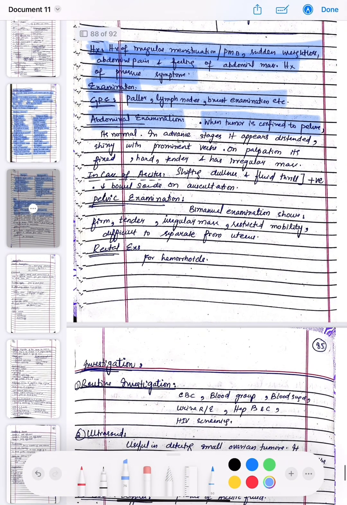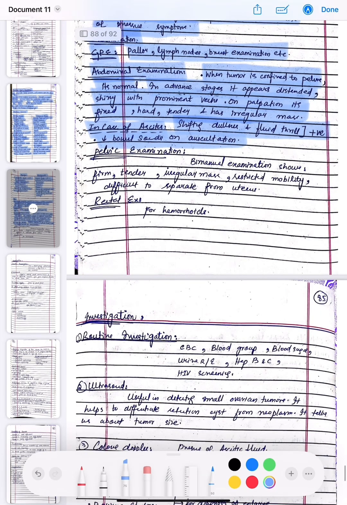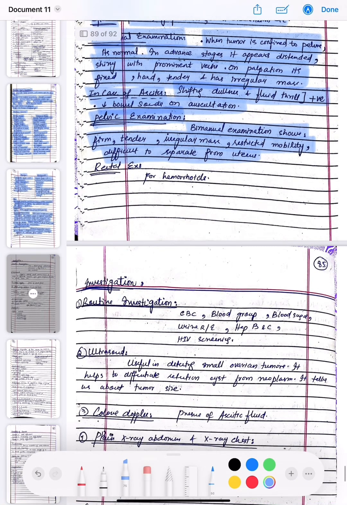In advanced stages, it appears distended, shiny with prominent veins. On palpation, it's fixed, hard, tender, and has an irregular mass. In case of ascites, shifting dullness and fluid thrill are positive, and decreased bowel sounds on auscultation are present. On pelvic examination, bimanual examination shows a firm, tender, irregular mass, restricted mobility, difficult to separate from the uterus. Rectal examination is done for hemorrhoids.